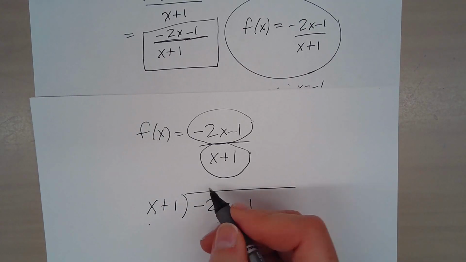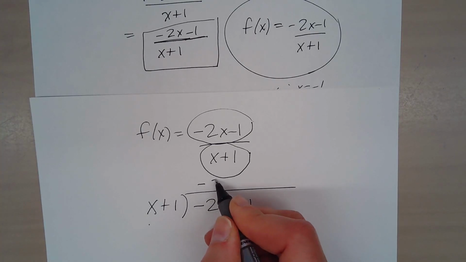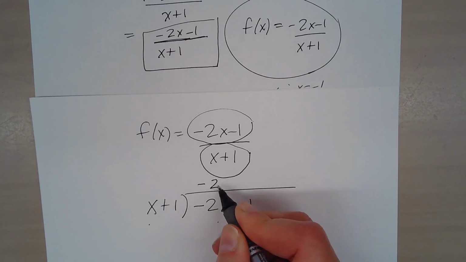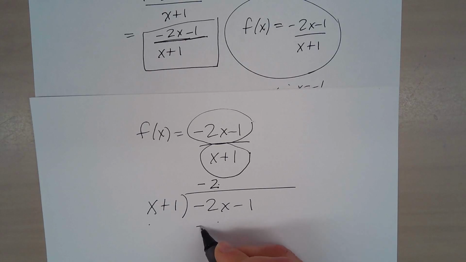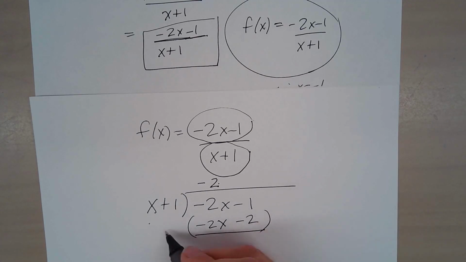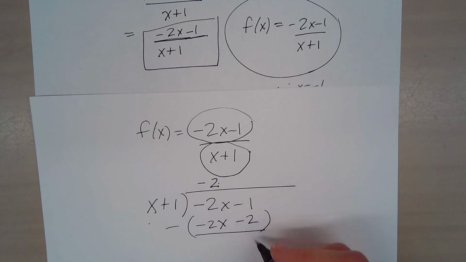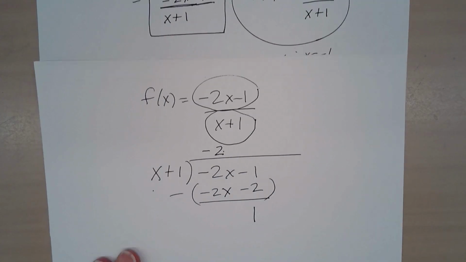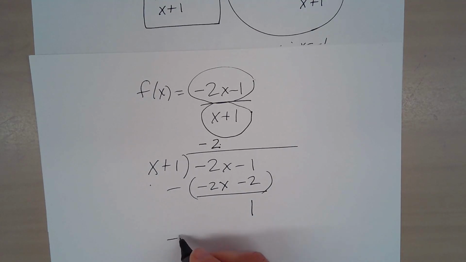X goes into there. I'll show you the long way. So I'd have to do a minus 2 here, so that would give me minus 2x minus 2. I do my subtract, that disappears. Negative 1 plus 2 gives me remainder 1. So negative 2x minus 1, all divided by x plus 1, gives me a quotient of negative 2.